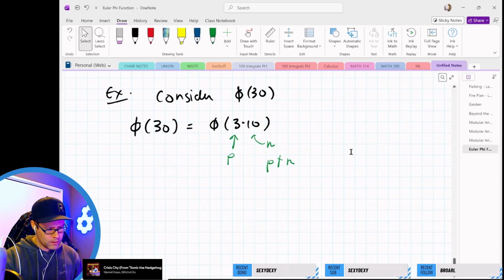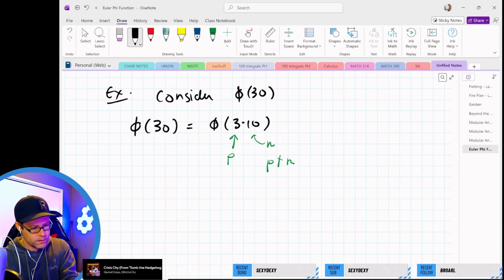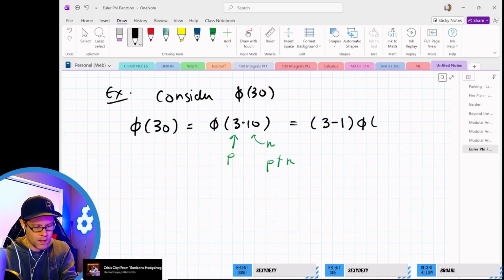So, if that's the case, our formula says we should be able to rewrite this as p minus 1 times phi of 10. So in other words, we should be able to think about this as 3 times phi of 10, which I think we know is 4, minus phi of 10.